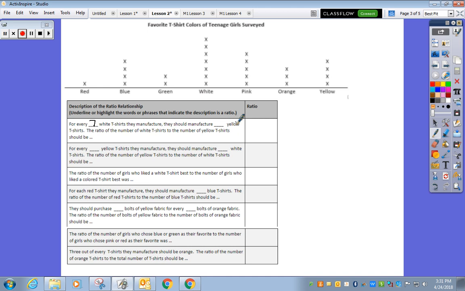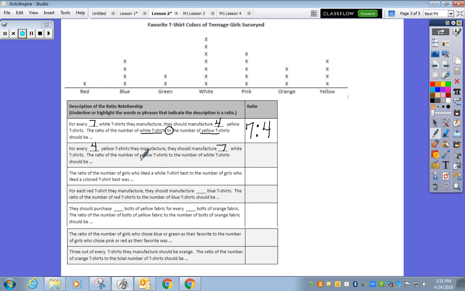And yellow is the next one they asked about, which is 1, 2, 3, 4. So they're asking us for the ratio of white t-shirts to yellow t-shirts. I'm just going to use a colon for these because it'll fit nicely in this box. So 7 to 4. Now it's asking for every blank yellow t-shirts they manufacture, they should manufacture some number of white.